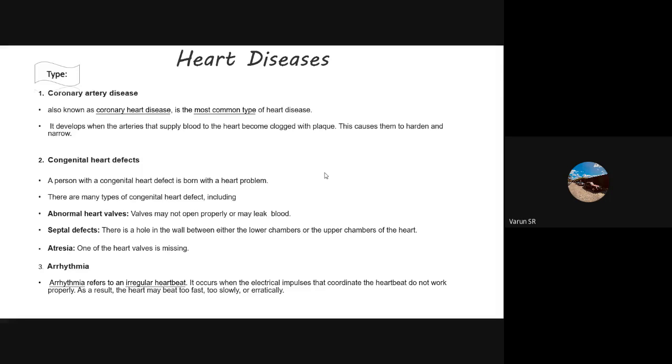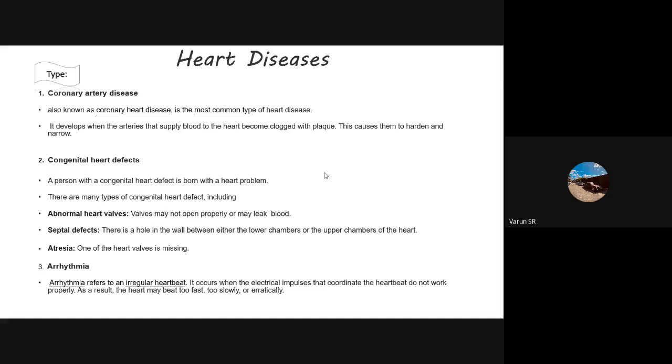Firstly, coronary artery disease, also known as coronary heart disease, is the most common type of heart disease. It develops when the arteries that supply blood to the heart become clogged with plaque. This causes them to harden and narrow. Second, congenital heart defects. A person with a congenital heart defect is born with a heart problem. There are many types of congenital heart defect, including abnormal heart valves.